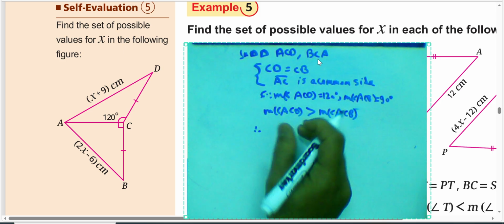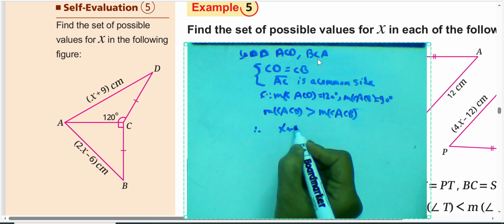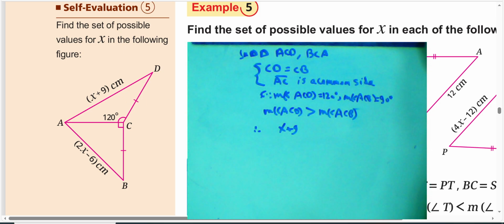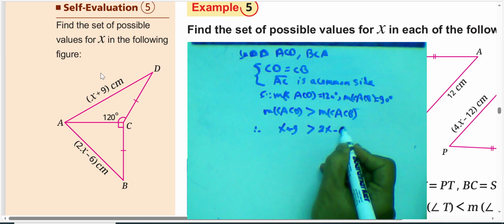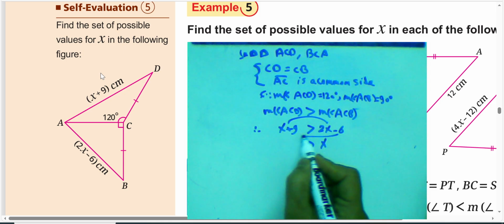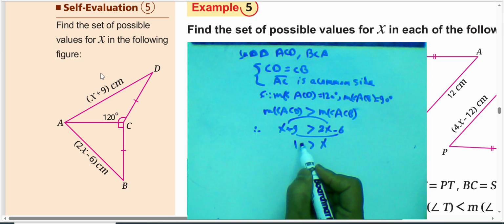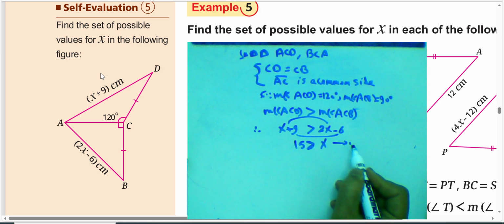Okay, then the opposite side of this angle, x plus 9, will be greater than 2x minus 6. We can move x here, 2x minus x equals x, and negative 6 to positive 6, 9 plus 6 is 15. Then x is less than 15. This is relation number 1.